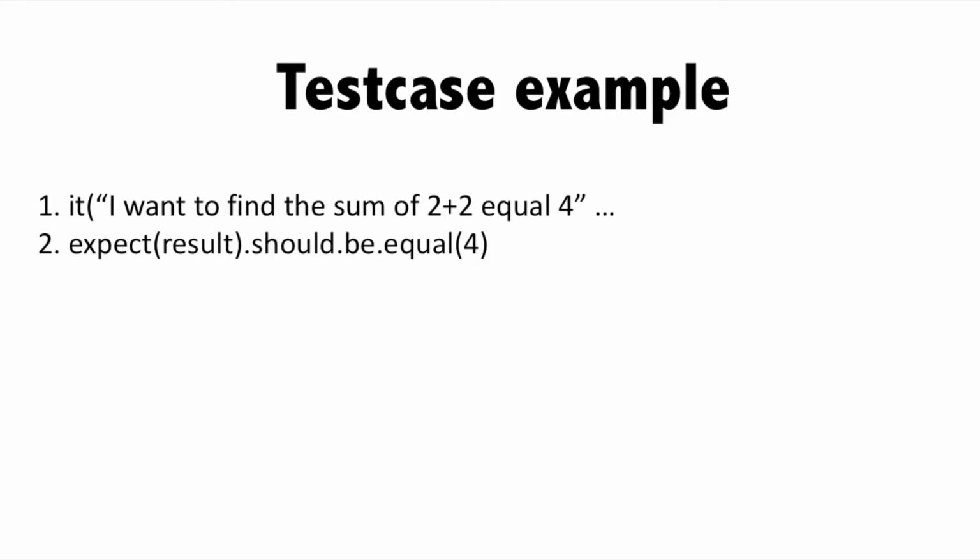A test case example is, for example, I want to find the sum of 2 plus 2 equals 4. So you have this thing, it or describe. And then for the validation of the result, you just put expect(result).to.equal(4).